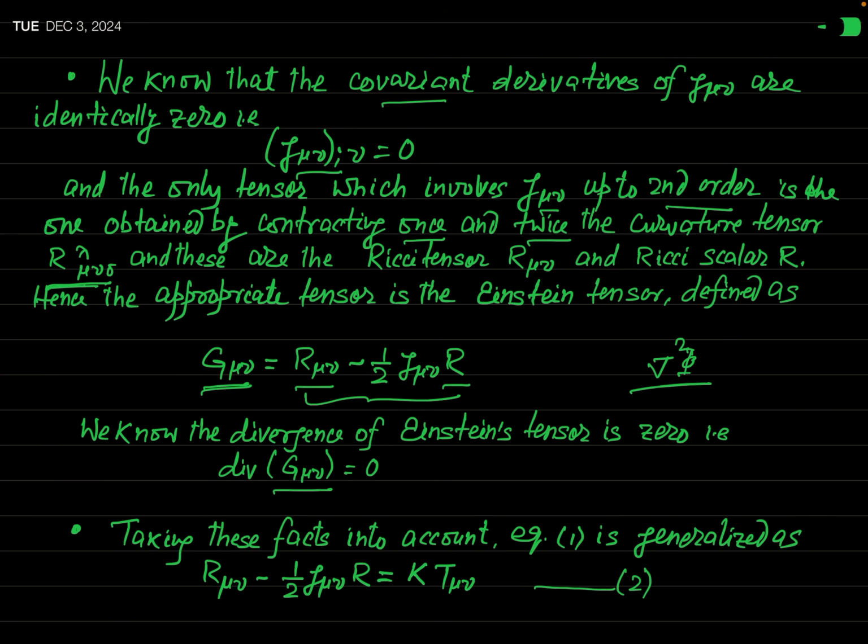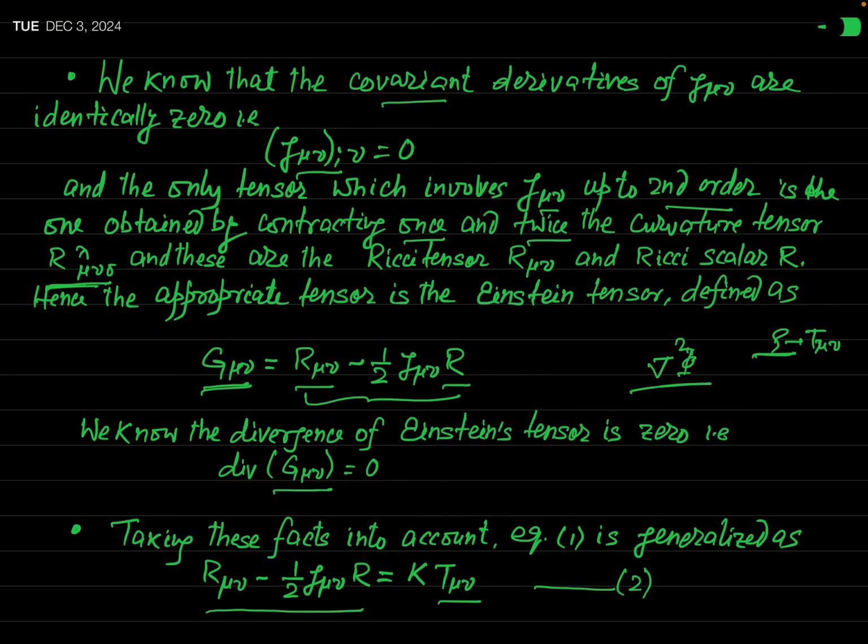And that Einstein's tensor must be proportional to rho. And you know the relativistic equivalent of rho is the material tensor T mu nu. So Einstein's tensor is proportional to T mu nu, and K is the proportionality constant.